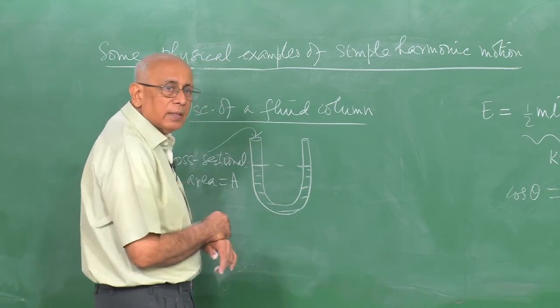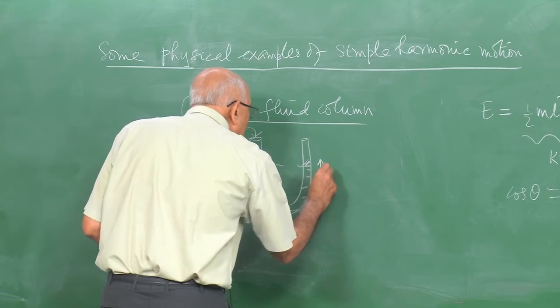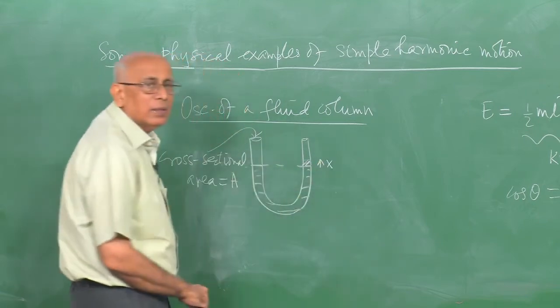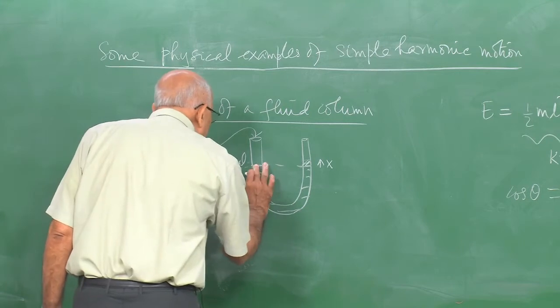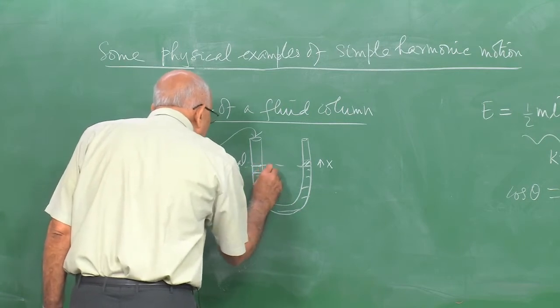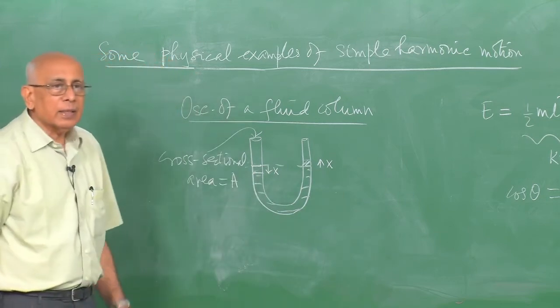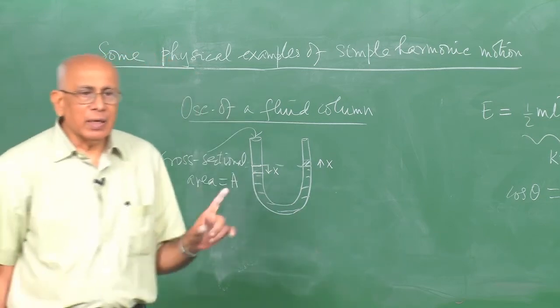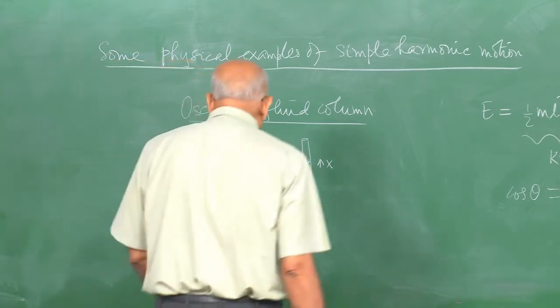And the question asked is, now if I displace this a little bit so that I have a little excess height x on that side, and on this side it goes down by the same amount, so this is also x on this side, then what is the time period of oscillation of this fluid column?